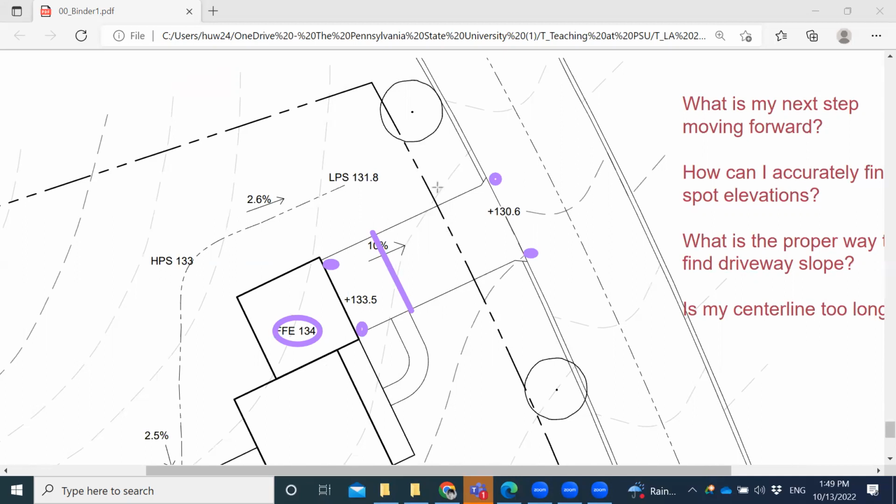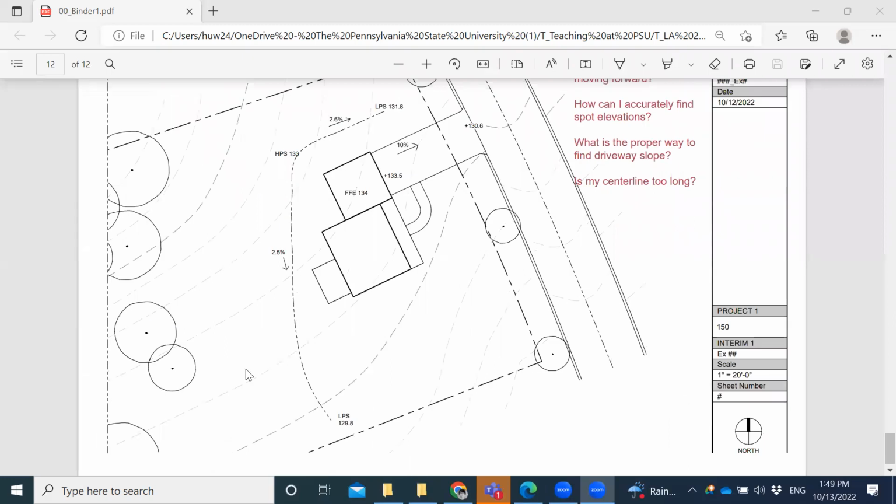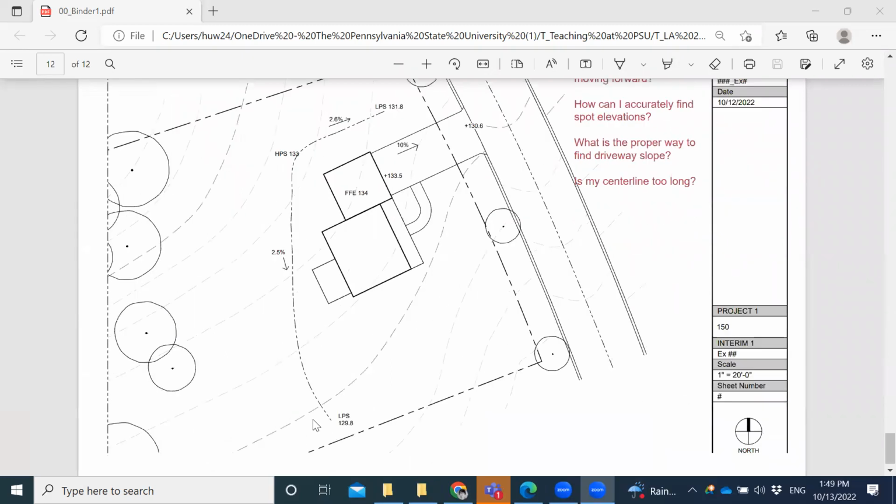Okay, so for you, it will start with, again, the driveway. Right now, it seems that your HPS and your LPS, those lengths would lead to acceptable slopes for your center line. So that's good news. You don't necessarily have to get down to this low, but it's not wrong to have your LPS here at this point.